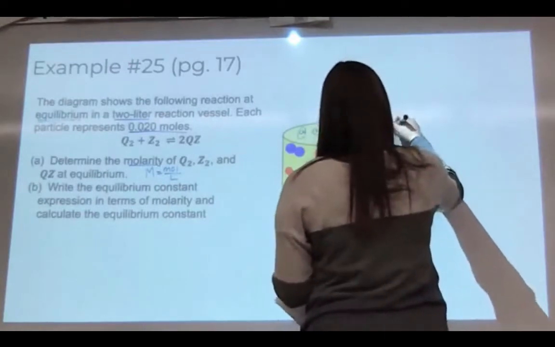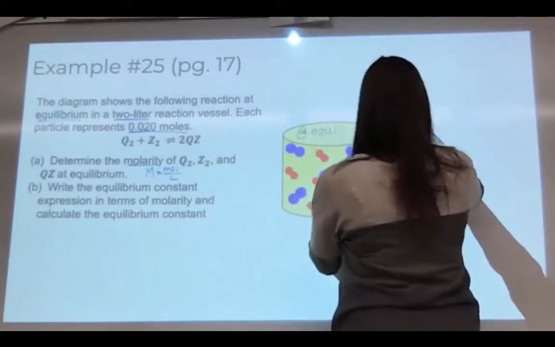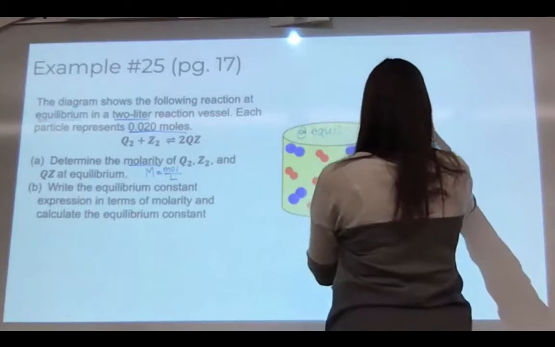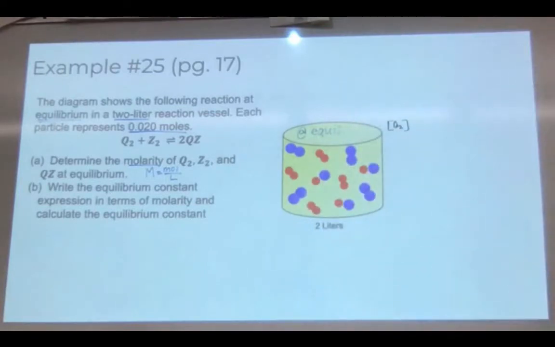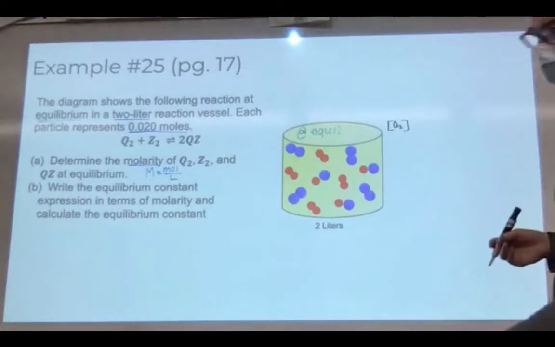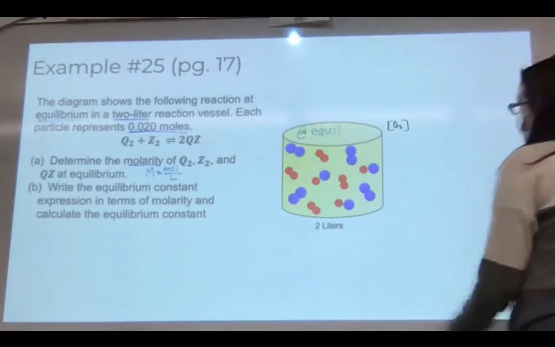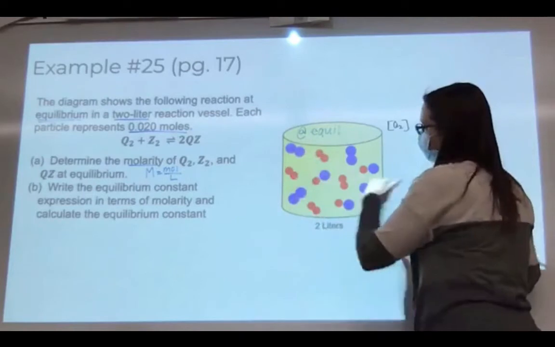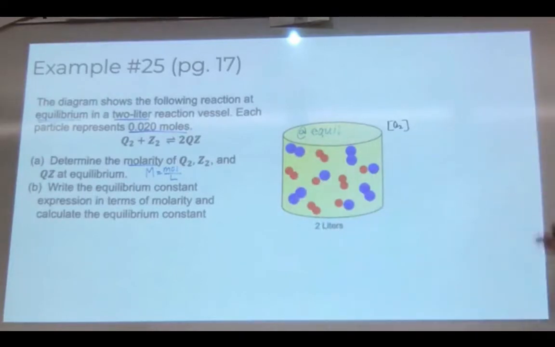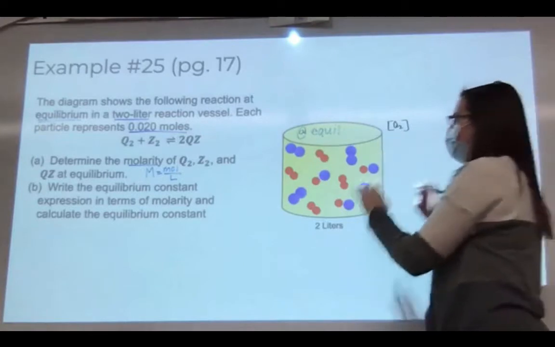So the molarity of Q2. All right, so I'll do brackets Q2. We're going to count. Now, they didn't tell us whether the red or the blue was Q2. It doesn't actually matter. Here's why. I'm going to count them.